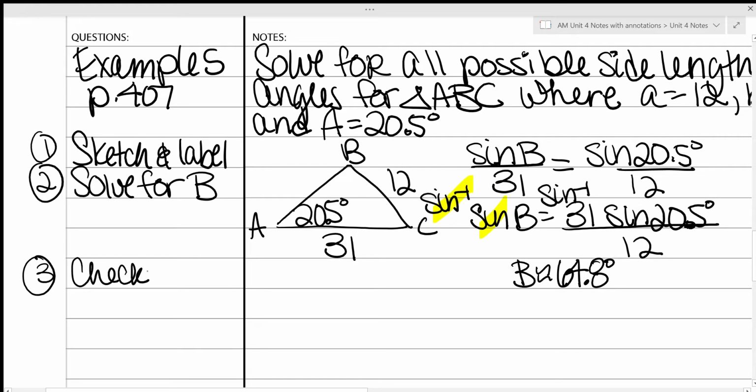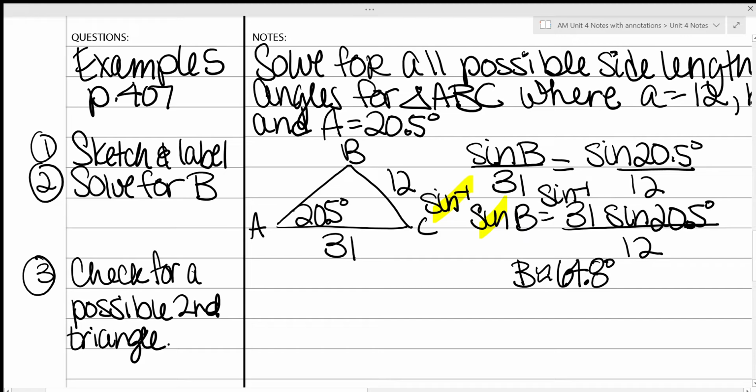Check for a second possible triangle. And we're doing that because we use sine inverse.